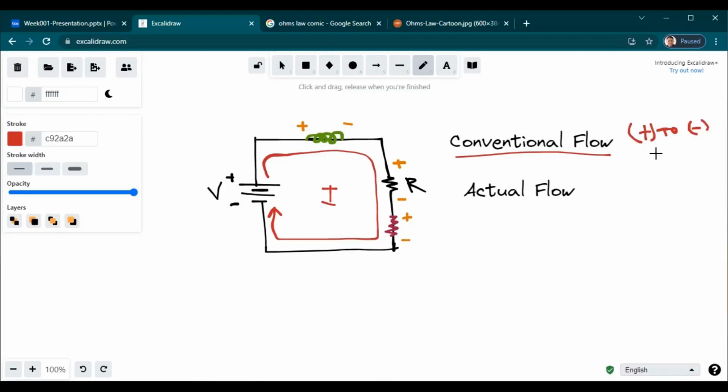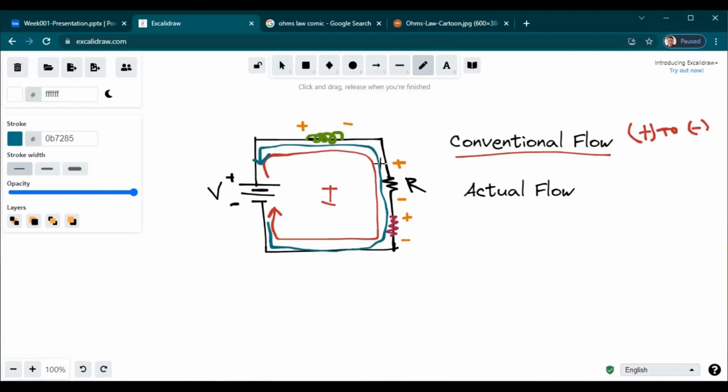of the voltage source. The actual flow, let's color this, what color can we use? This one. So the actual flow is the opposite, okay.